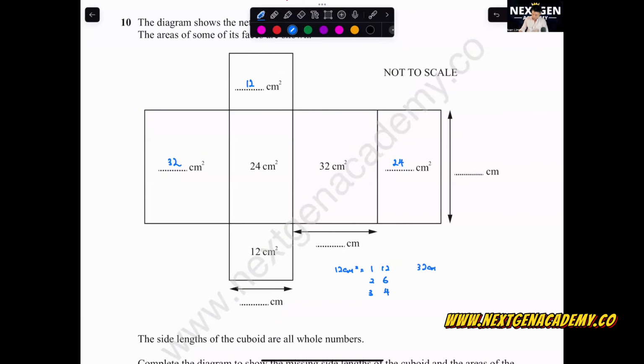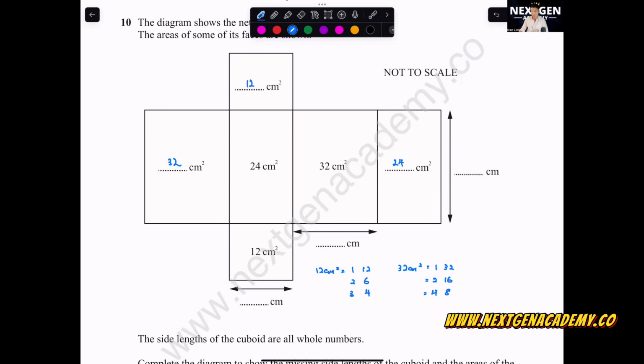32 cm square. What are the possible ones? 1 and 32, 2 and 16, 4 and 8, 8 and 4, 16 and 2.